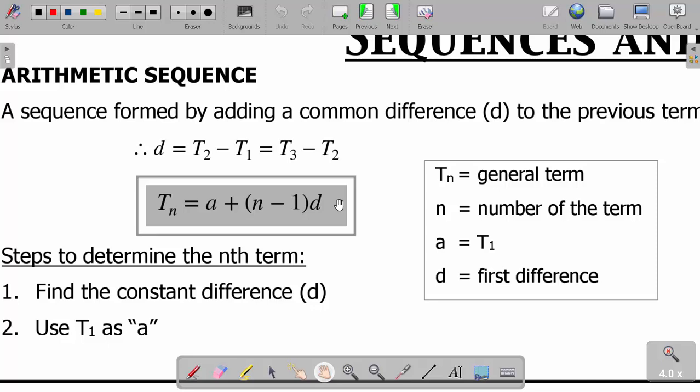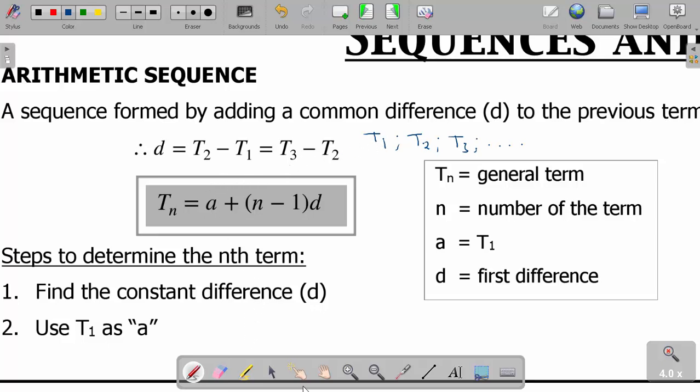If I've got my arithmetic sequence with terms T1, followed by T2, then followed by T3, and there are so many of them, to get my common difference, I can say T2 minus T1.